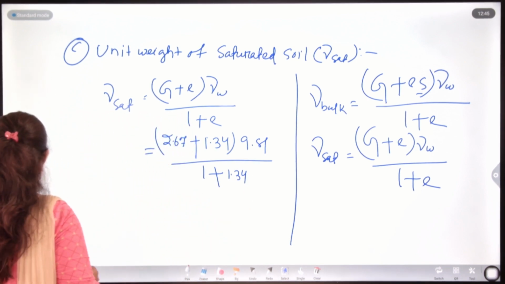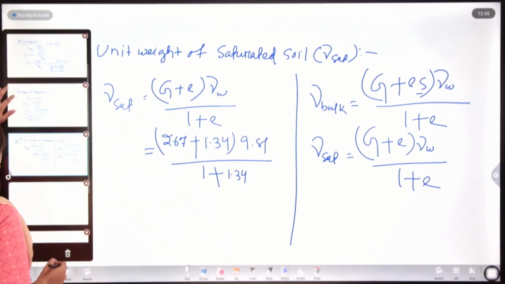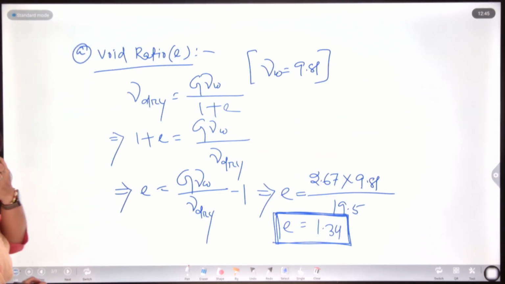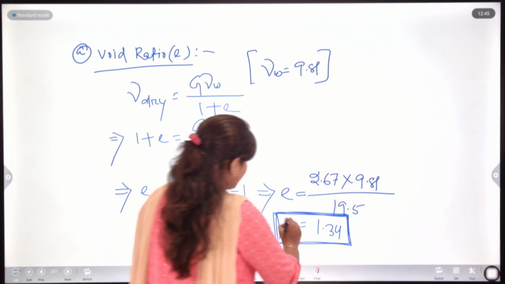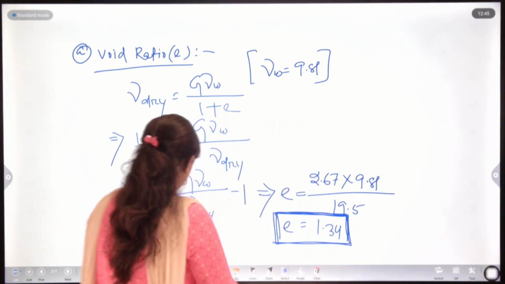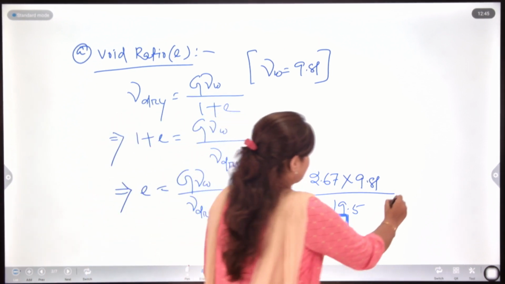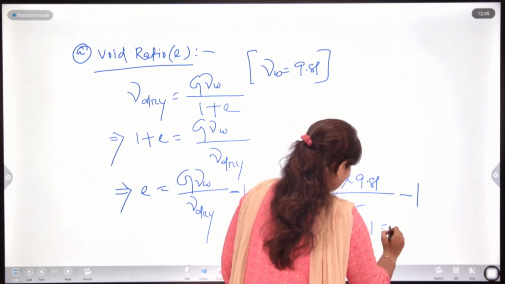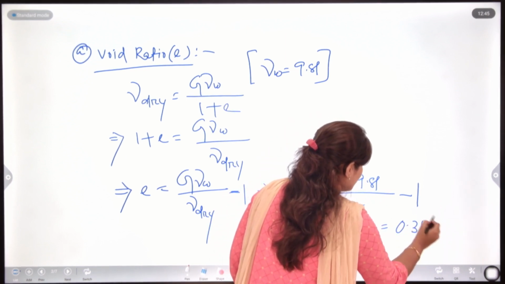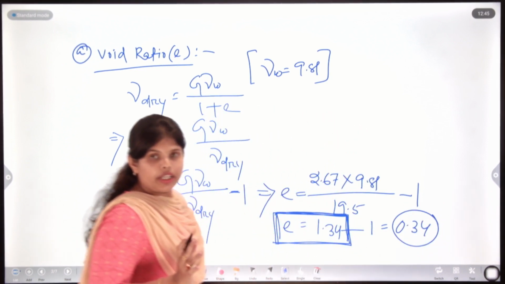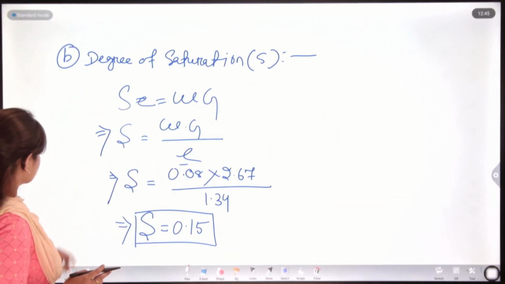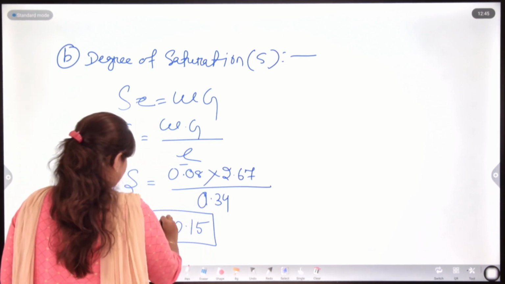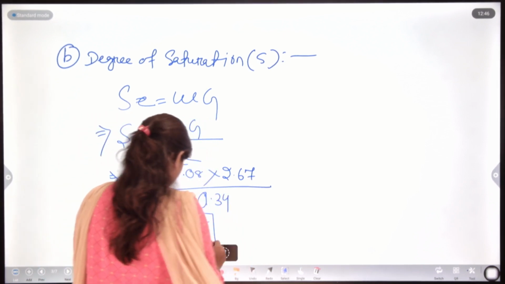Wait. Yes, here e is not 1.34. Why? Because we need to minus 1. So, 1.34 minus 1 will become 0.34. Here we need to use 0.34. That is why the values are incorrect.